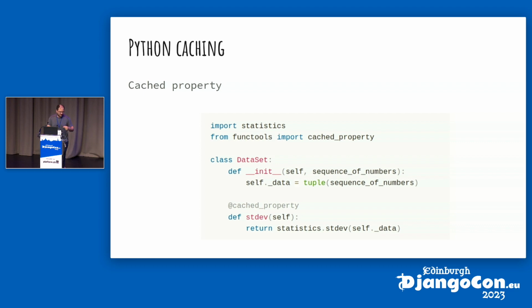But if you have a value that you want to process one time, probably because it's slow to process, you can use the cached property decorator, and it will avoid more calls for the same thing. In this example, if I have a big sequence of numbers, calculating the deviation is slow. So you probably don't want to do that more than one time. It will not change with the same data.